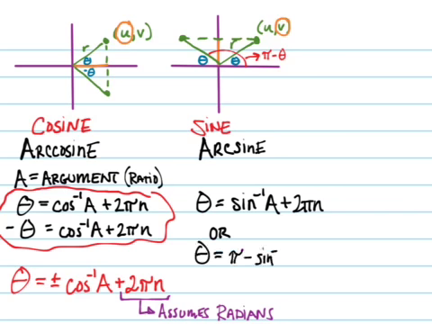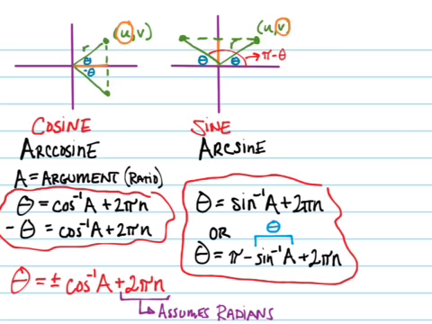Or, I'd have pi minus theta equals this, and I switch it around, and I get theta equals pi minus sine inverse plus 2 pi n. Now, I can't combine those with a nice plus or minus because they're not just opposites of each other. This one has the pi minus the first one in there. But that is our definition for arcsine. So instead of plus or minus, I figure out the one that's positive, and then I do pi minus all of those angles to get the other one, the quadrant 2 angles.